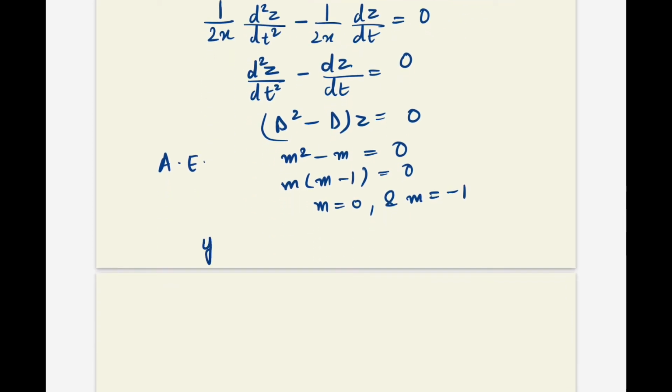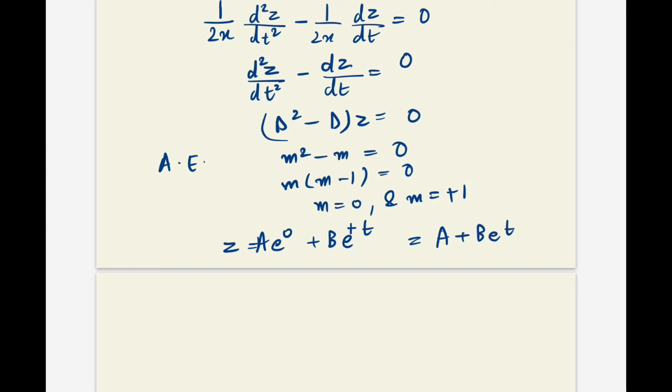Solution will be of the form z is equals to a e to the power 0 plus b e to the power t. So a plus b e to the power t.